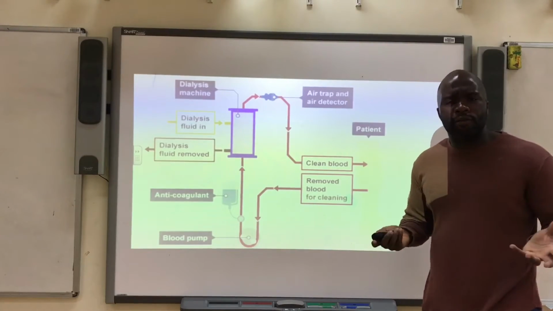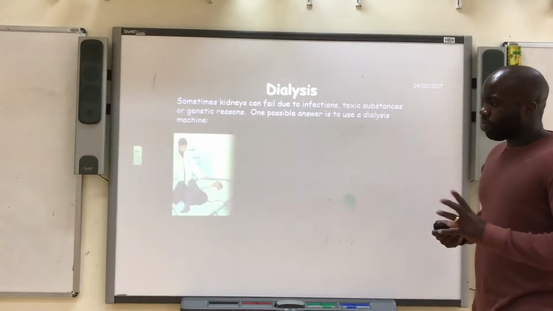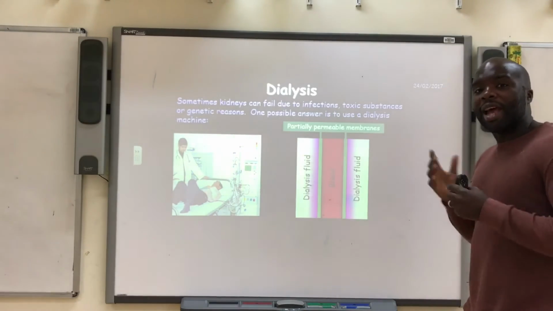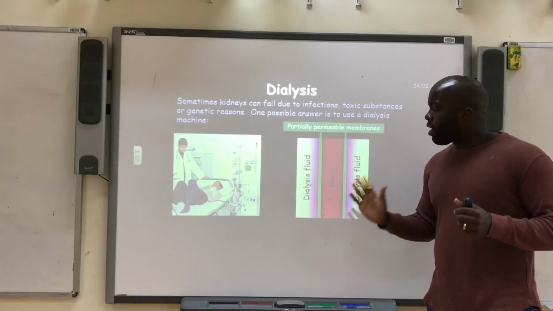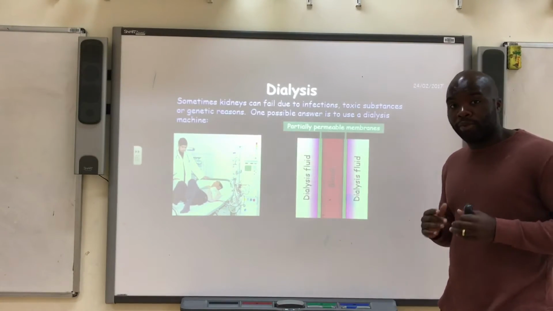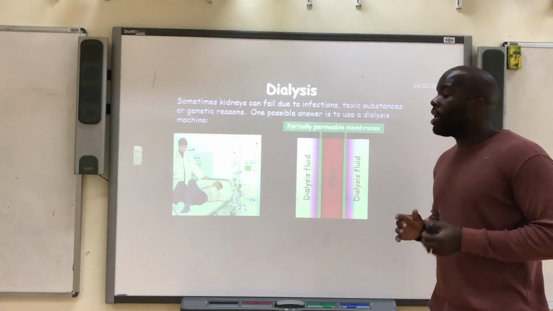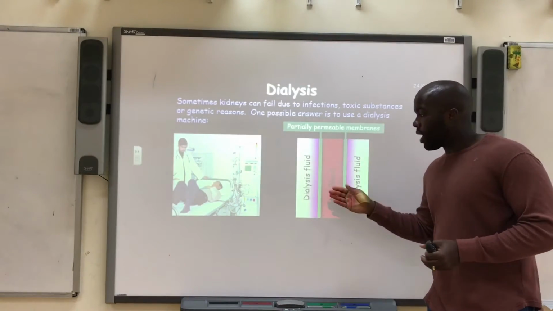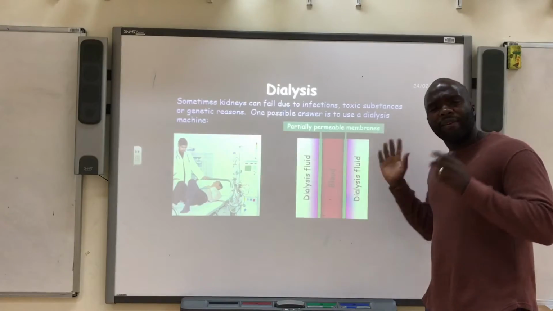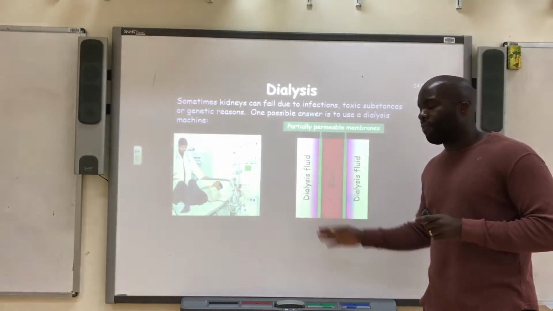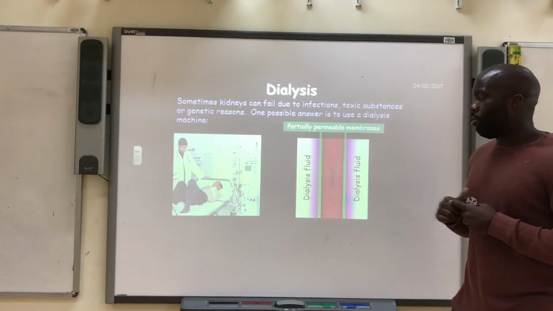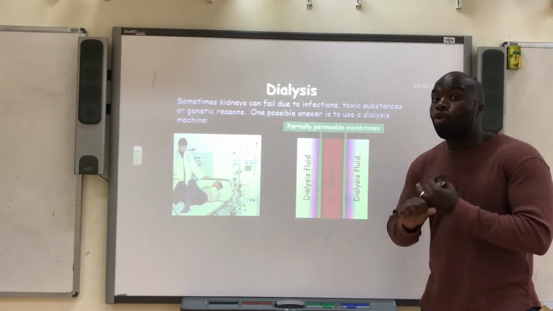However, let's look at the actual details. How do we actually get rid of this urea? In a dialysis machine, as it takes in the blood, it contains a semi-permeable membrane. This semi-permeable membrane is between the person's normal blood and something in a dialysis machine known as dialysis fluid. This dialysis fluid contains no urea.